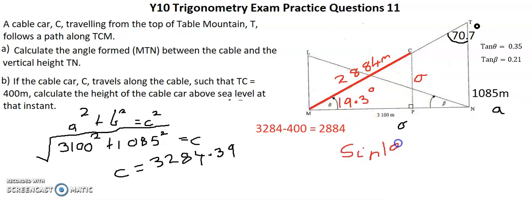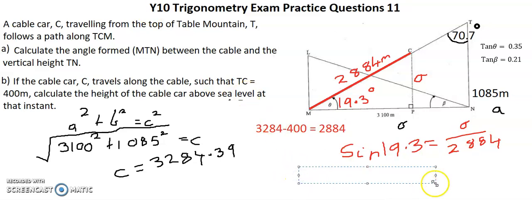So sine 19.3 degrees is equal to my opposite over my hypotenuse of 2,884. To get opposite by itself, I times both sides by 2,884. So I get 2,884 times sine 19.3 is equal to my opposite side.